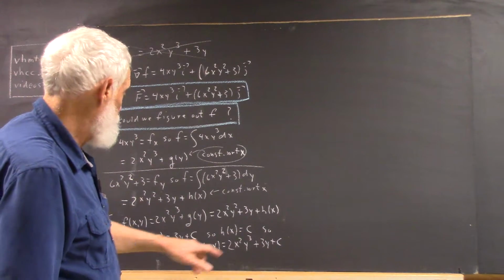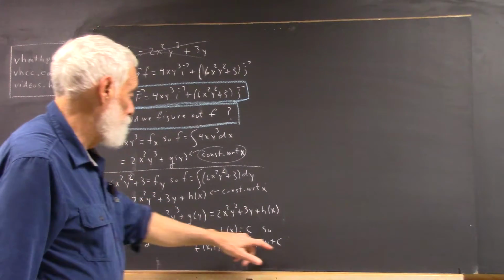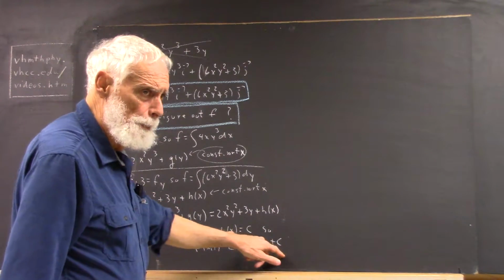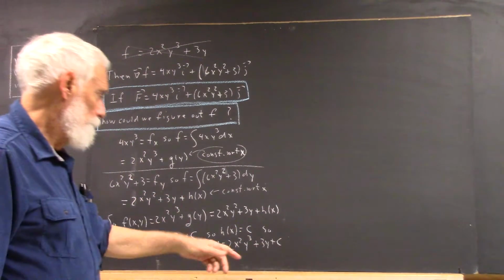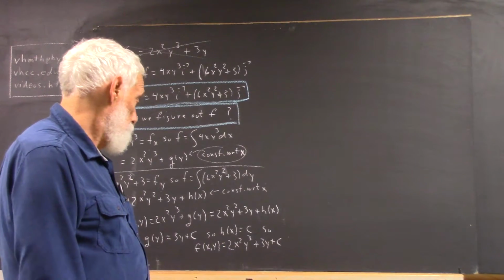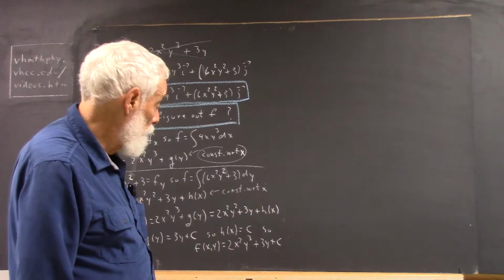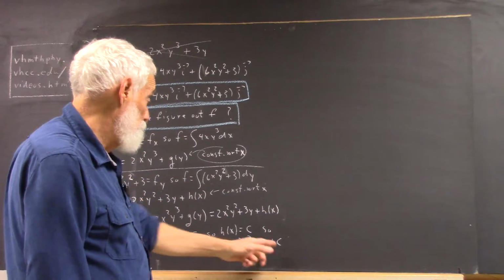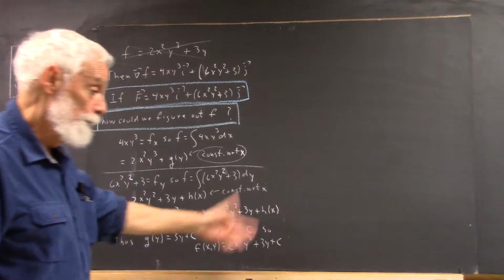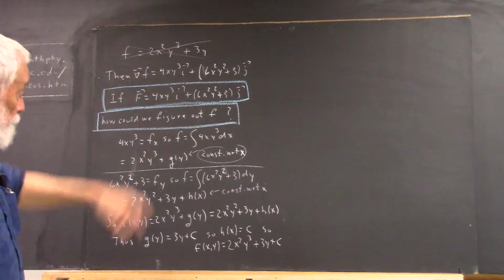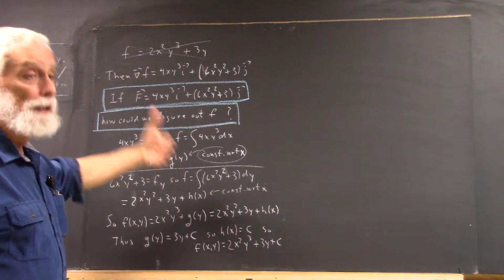It's got our 2x squared y cubed, it's got our 3y, and it's got our c. Now it's a little vague about this c here, so I'm going to let you puzzle that out, but remember that clearly if this whole thing without the c is an antiderivative, then if you add c, that doesn't change the fact. I also made an incorrect statement. I said our h of x is 0. Our h of x could be any constant.